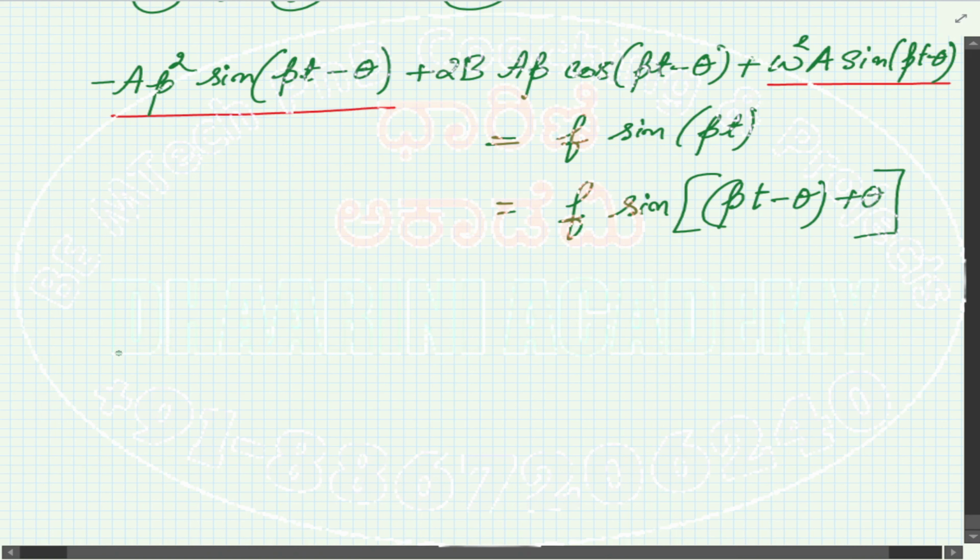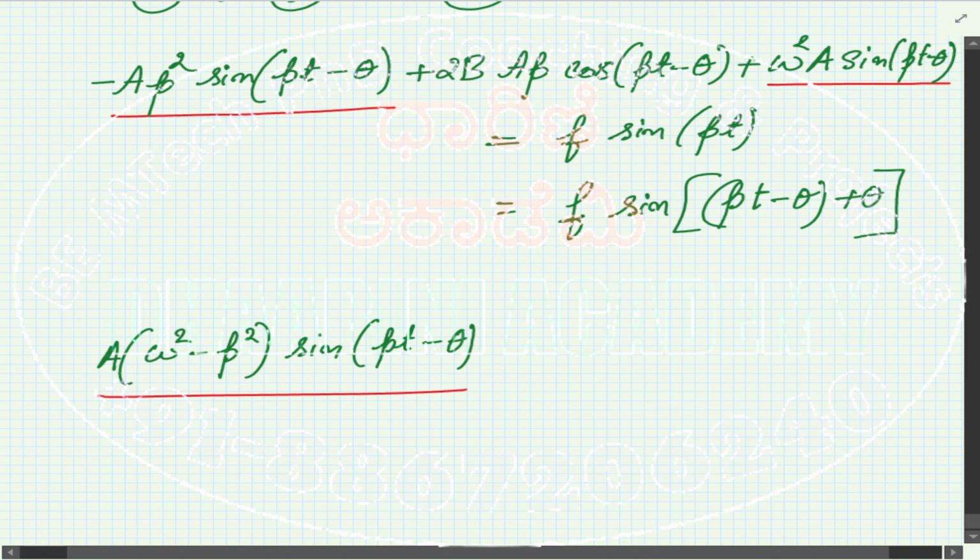I'll write the positive term first: a into, see, omega square is positive, omega square minus p square into sine of pt minus theta. This term is what I'm getting from the highlighted terms in the previous line.